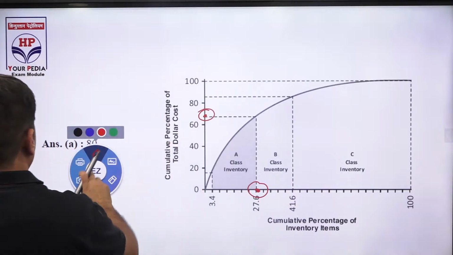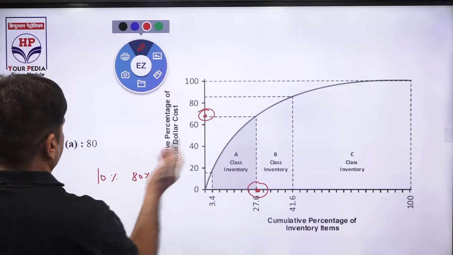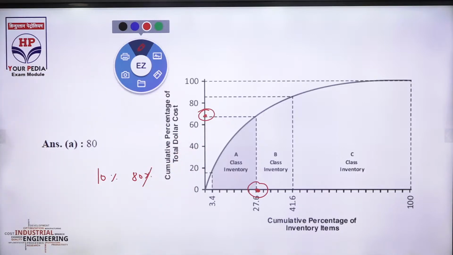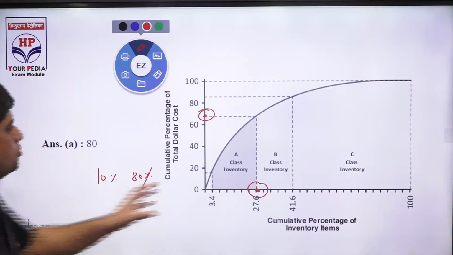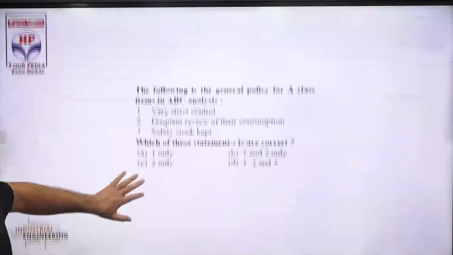So remember, an A item is something which is 10% of quantity and, let us say, 80% of cost. Normally this varies, but he will give you the answer, so that will be 80%. This is cumulative. Don't bother about this, it is Pareto analysis. I will discuss that later on.